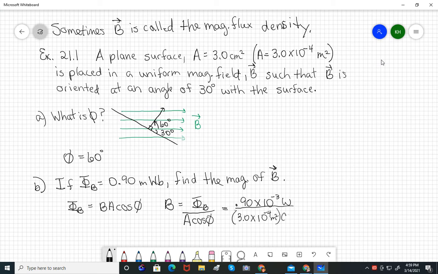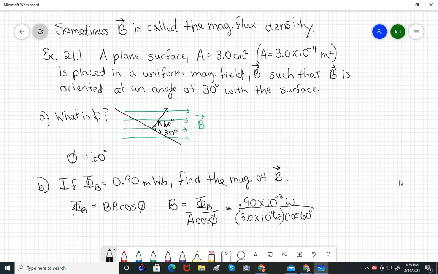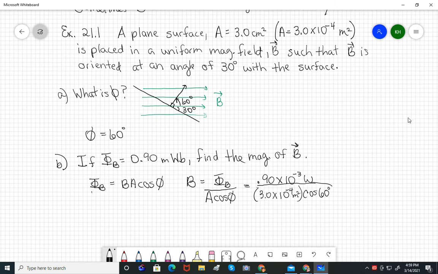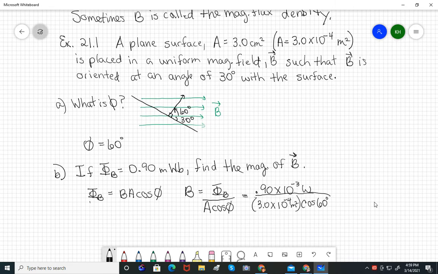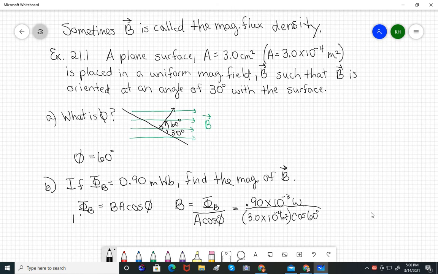And I have to do that times cosine of 60 degrees. I put that in a calculator, and we got that our magnitude B is 6.0 Tesla. It's a pretty strong magnetic field at 6 Tesla.